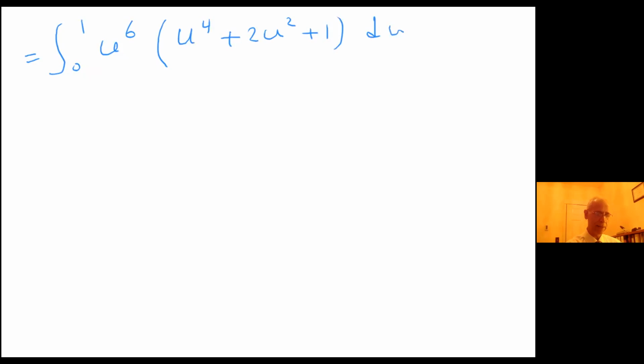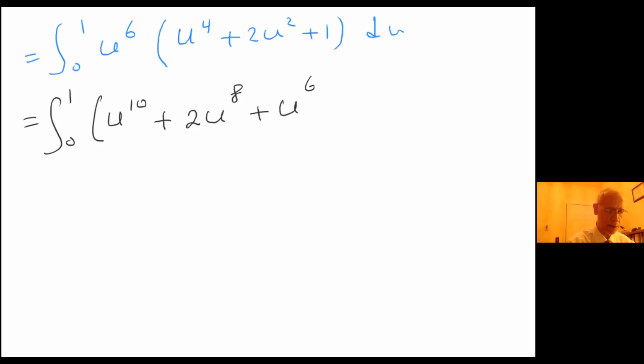Now I'm going to multiply the u to the 6th through, distribute that. So I have from 0 to 1, u to the 10 plus 2u to the 8 plus u to the 6, all that du. Now we are ready to take the integral.